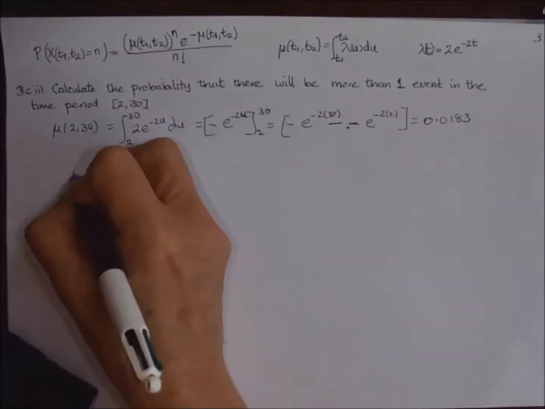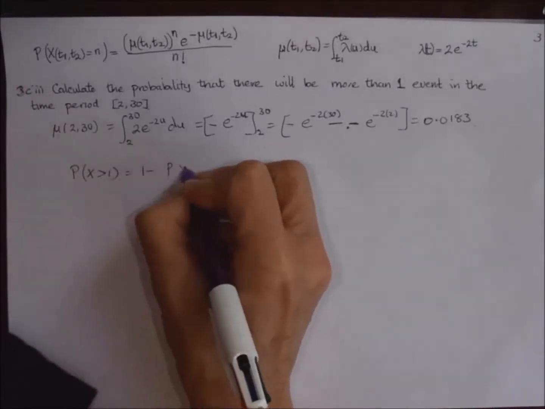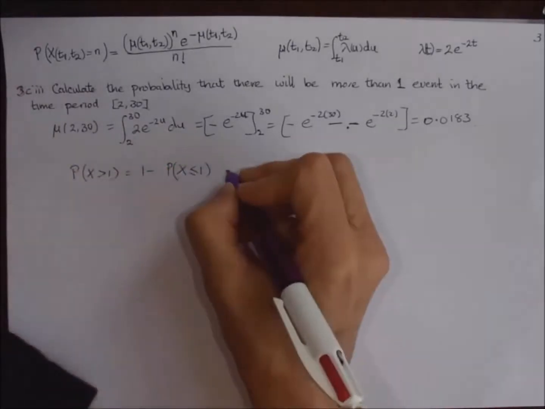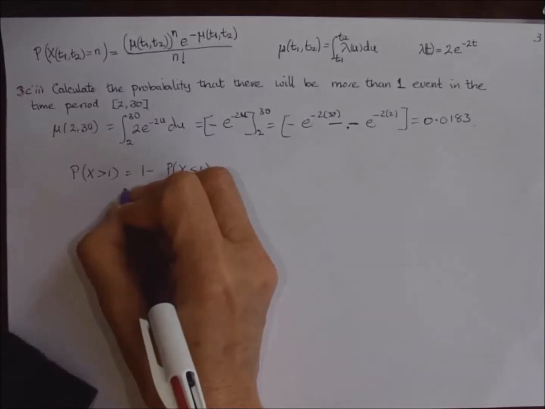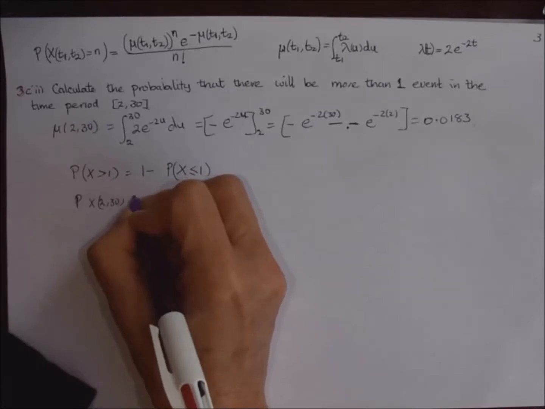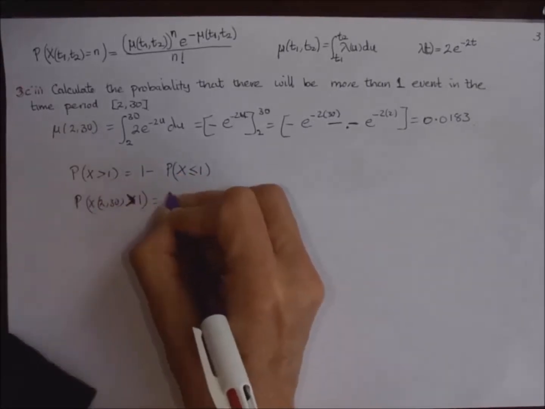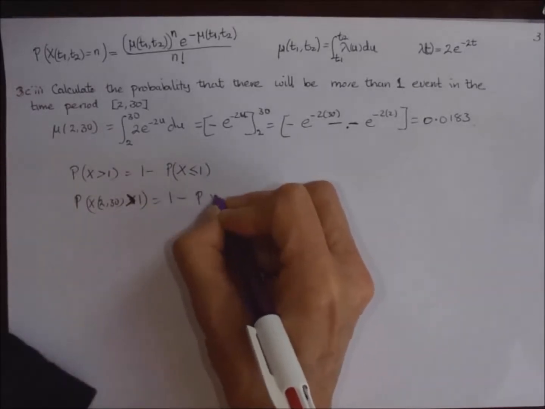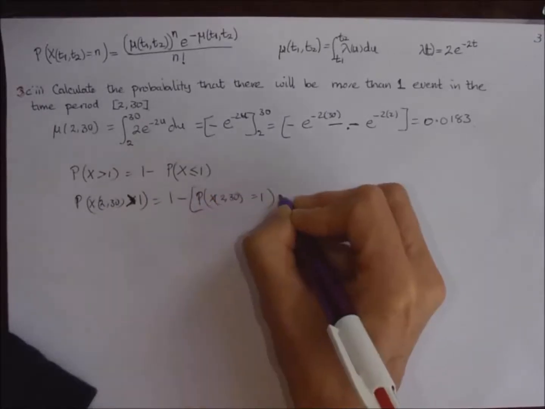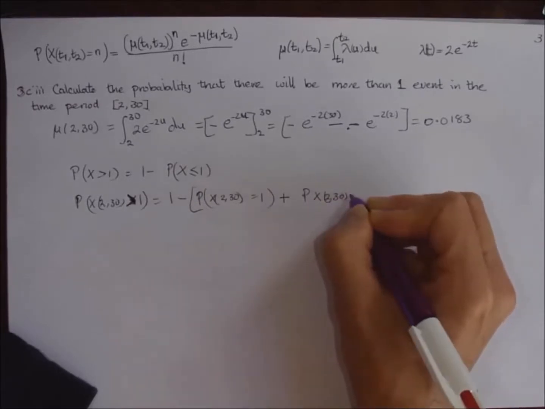More than one event, so the probability roughly that x is greater than 1 is going to be 1 minus the probability that x is less than or equal to 1. Okay, so that's total probabilities. So in our case, it's going to be the probability that x between 2 and 30 is greater than 1 is equal to 1 minus the probability that x between 2 and 30 is equal to 1, or the probability that x over the time period 2 to 30 is equal to 0.